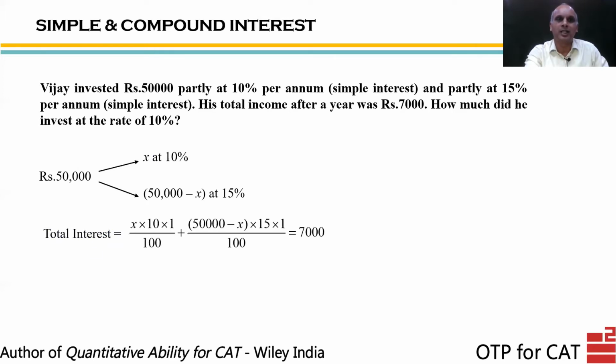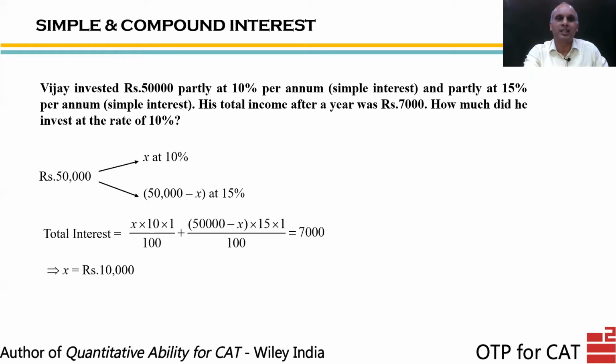In the first case, the interest will be X into 10 into 1 by 100, because the formula is P into R into T by 100. Likewise, for the second part also, we can find out the interest as is written on the screen, and the sum of the interest we know is 7,000 rupees. And so, solving this, we will get the value of X as 10,000 rupees.